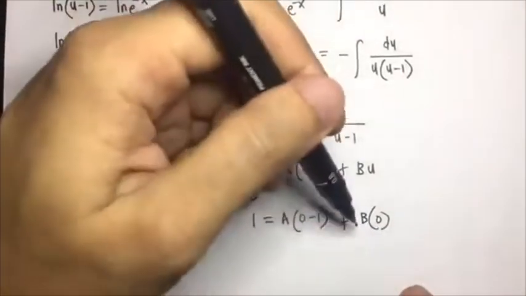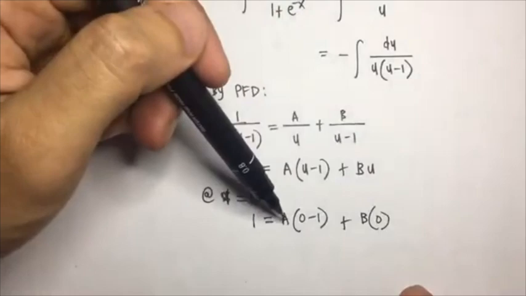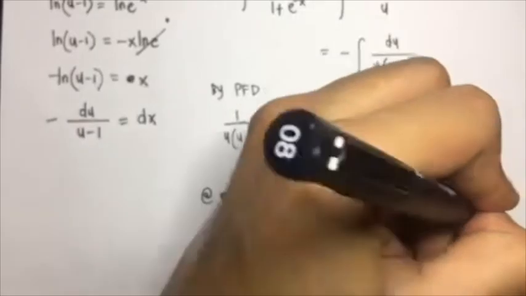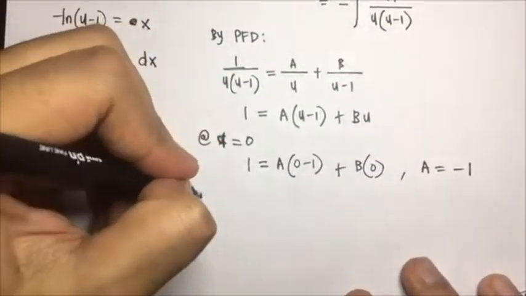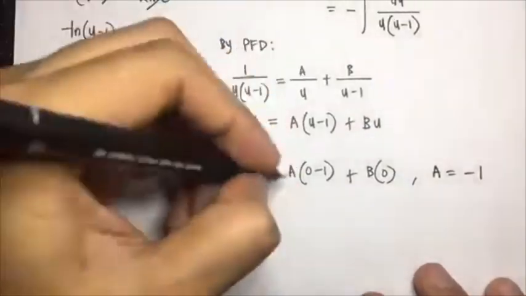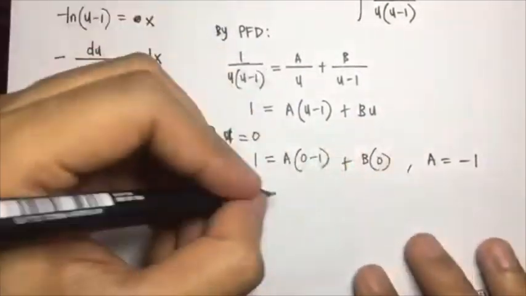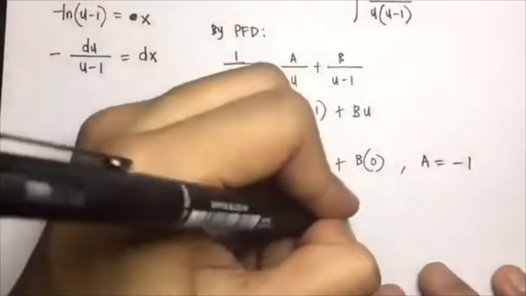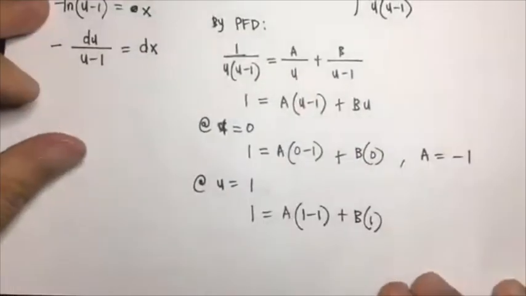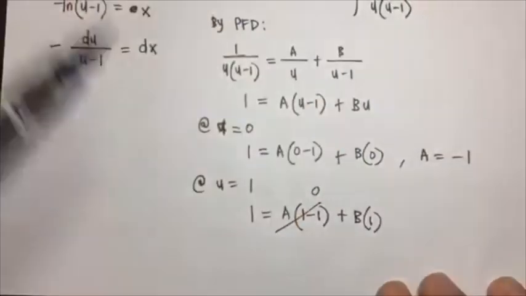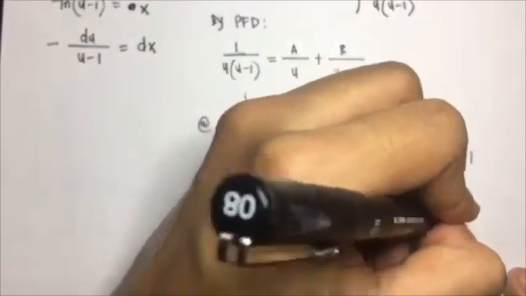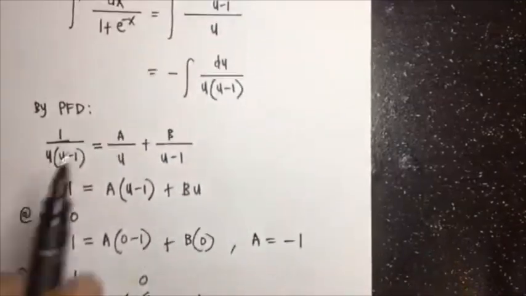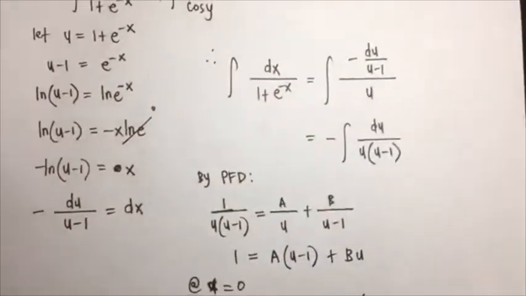Obviously we can cancel out b, and then we have a times negative 1 is equal to 1, so a is equal to negative 1. Next, at u is equal to positive 1, this becomes 1 is equal to a times 1 minus 1 plus b times 1. This becomes 0, so b is equal to 1.